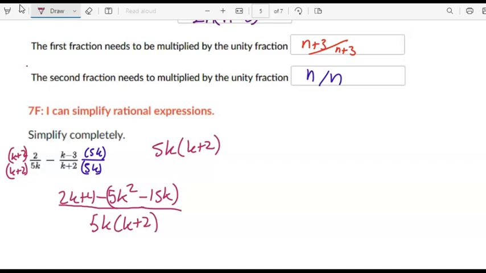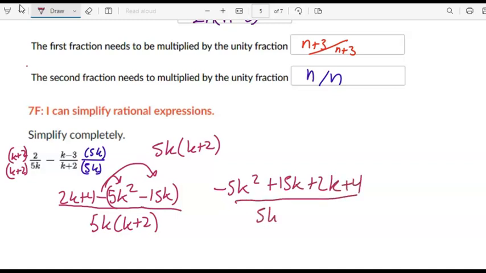Alright, let's distribute that negative into each of those two terms and then combine like terms. We have negative 5k squared plus 15k plus 2k plus 4, all over 5k times k plus 2.